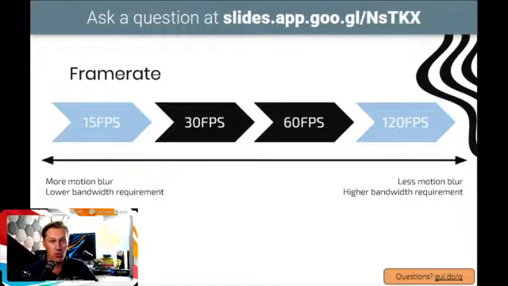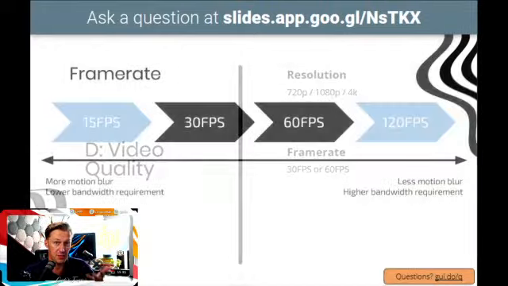On the low end, you have more motion blur, but you need less bandwidth. Higher end, less motion blur, and higher bandwidth requirement. And usually 30p is fine for just business and showing slides or having talking heads. That's fine, unless you go for streaming gameplay. 60p is probably not really needed.